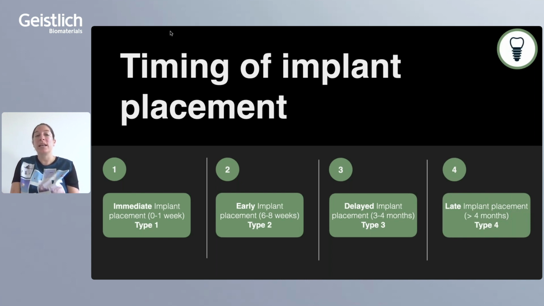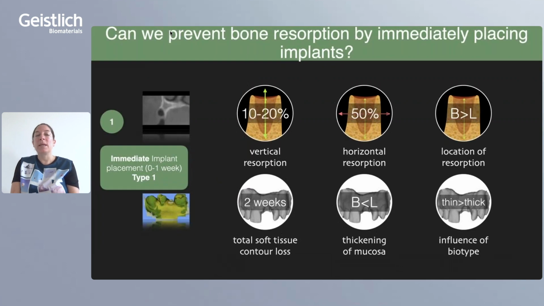So first let's look at type 1 implant placement, and let's ask the question, could we maybe prevent bone resorption by placing an immediate implant right into the socket? We know on the level of the hard tissues, we do have to expect a vertical and a horizontal resorption, and the location of the resorption is more to the buccal than to the lingual or the palatal side.